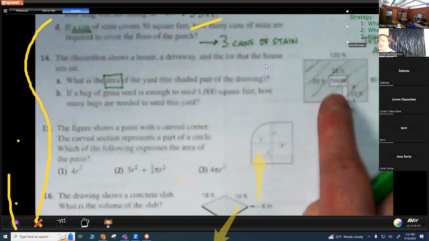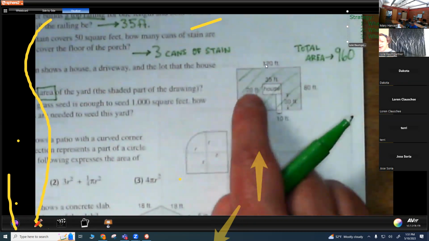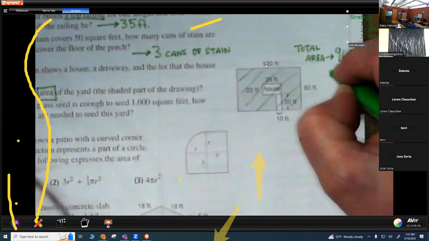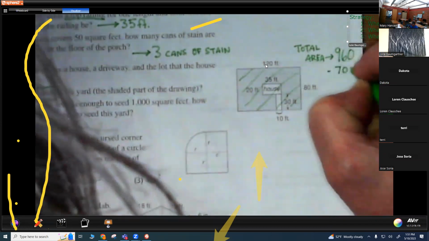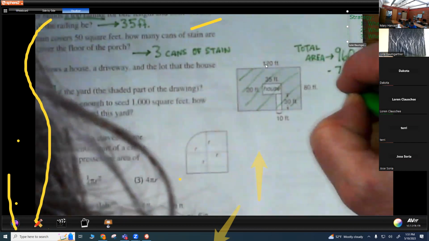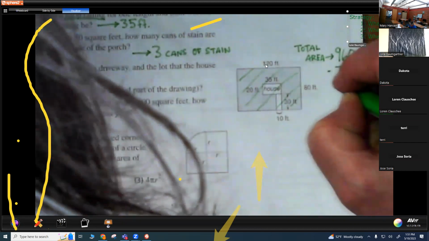Okay, and then we just need to subtract off, so the house takes up 700 of the total area, and then the driveway takes up 300. Or no.